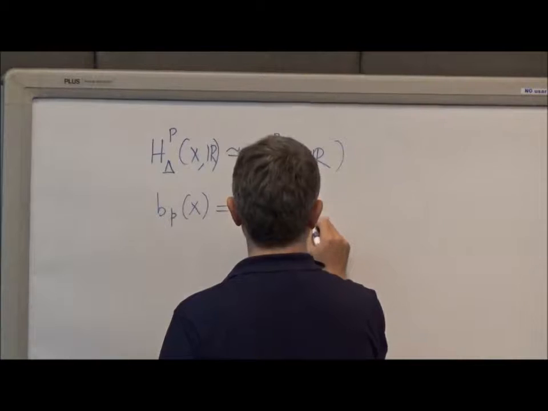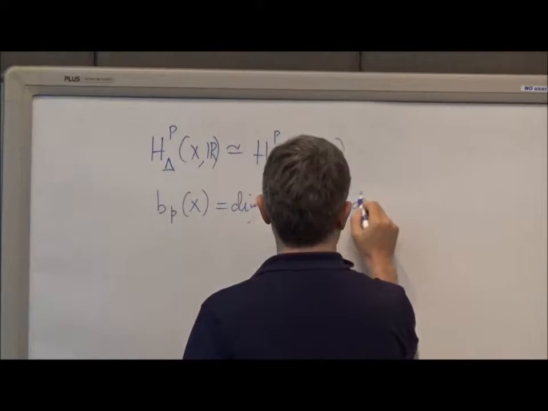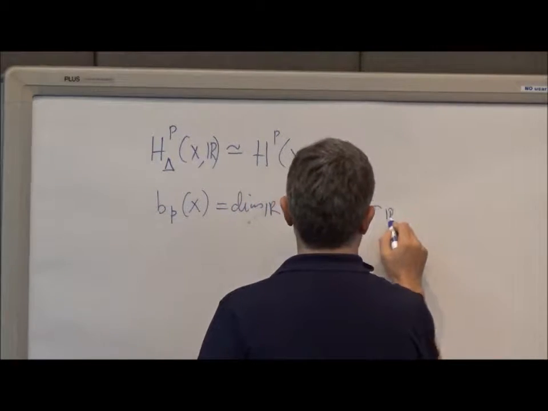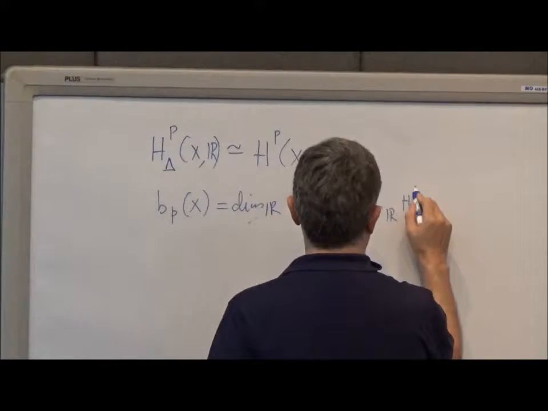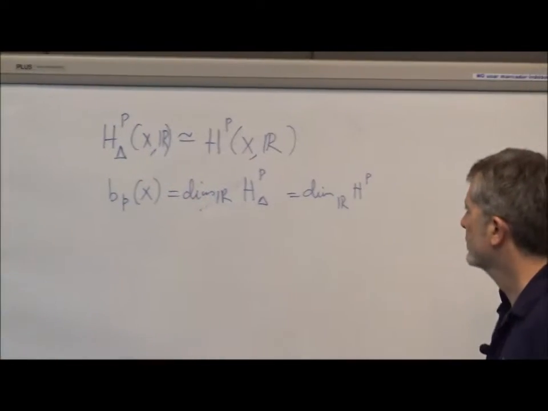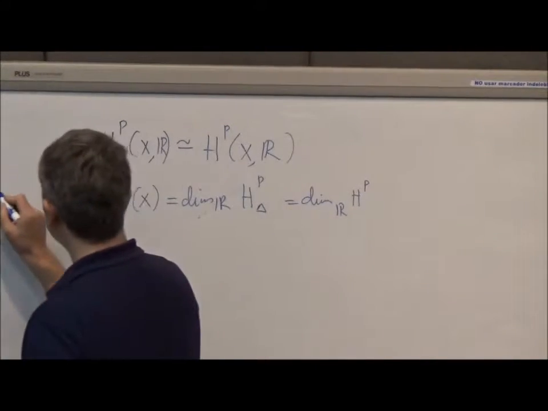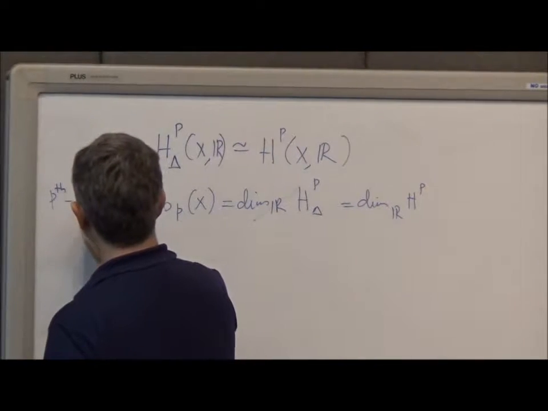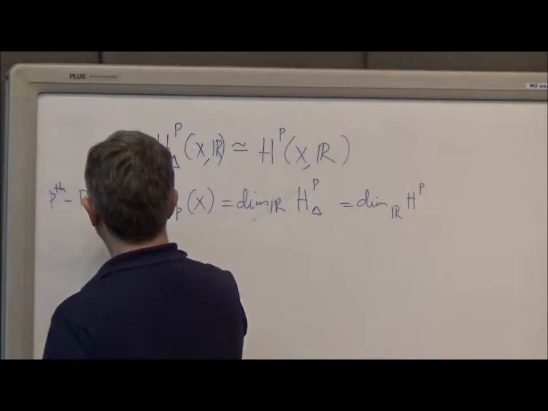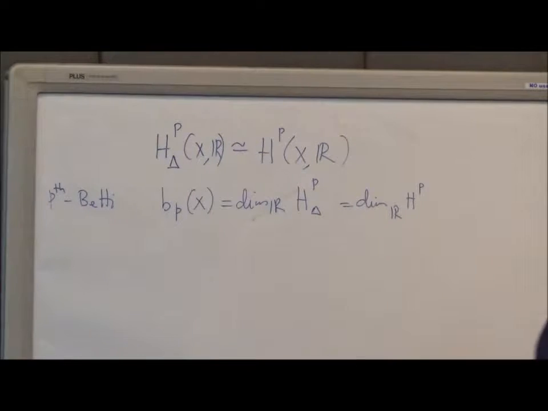It doesn't really matter which one you take. And this is the p-th Betti number, which we also saw as coming from a different source, which was through the homology theory.